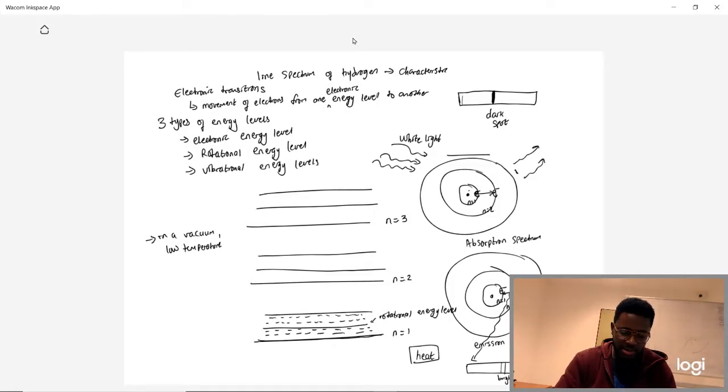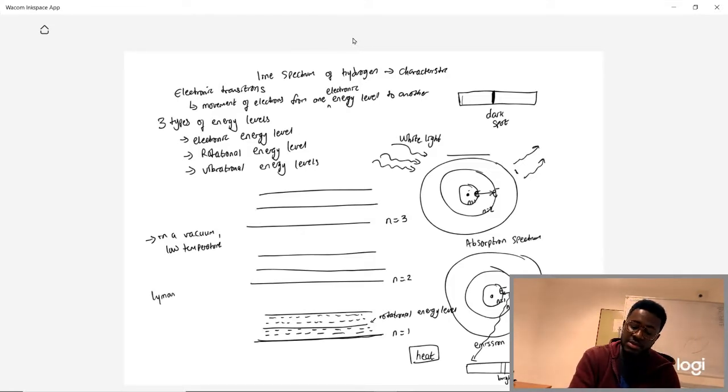Okay, so we already talked about that. We have different types of lines in it: the Lyman series, the Balmer series, and the Paschen series. It's just something to memorize. The Lyman series is always to or from the first energy level.